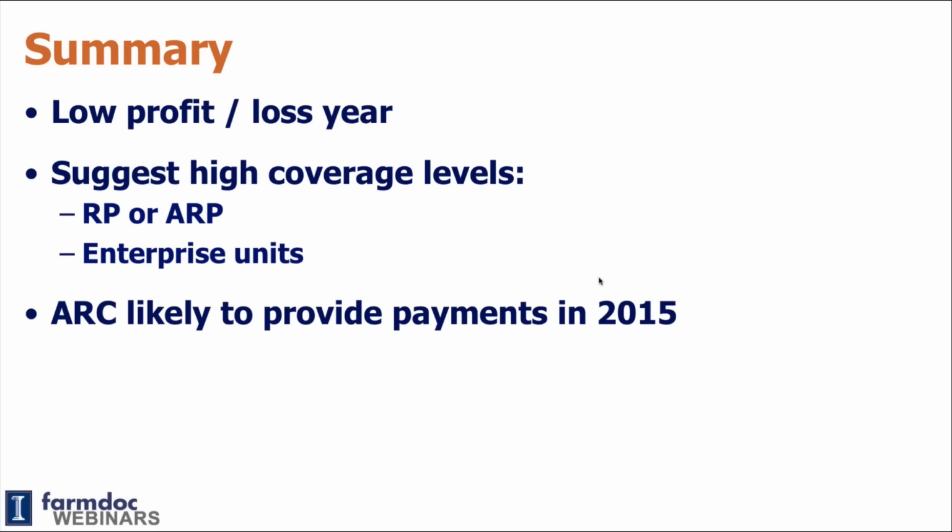What I would say about 2016 is that I think payments are probably likely again because of those high benchmark prices we have relative to where the market's at today. Again, that could change in the next year and a half, which is kind of the time frame we're looking at for those 2016 payments. But where we're at today, I think payments are likely.